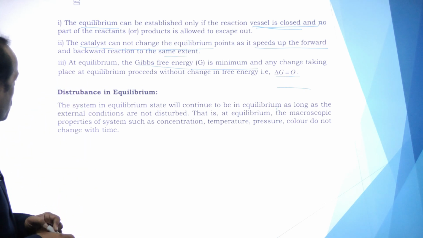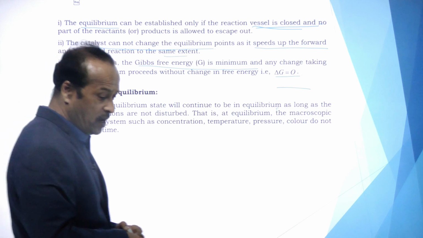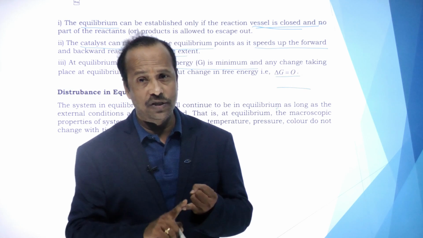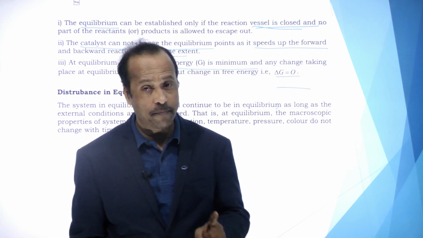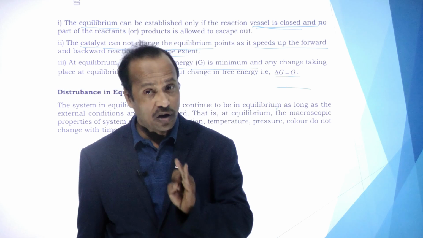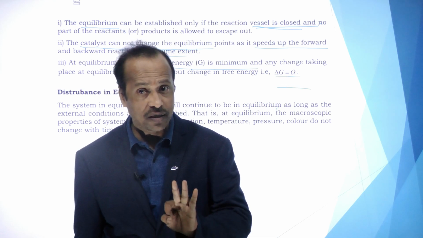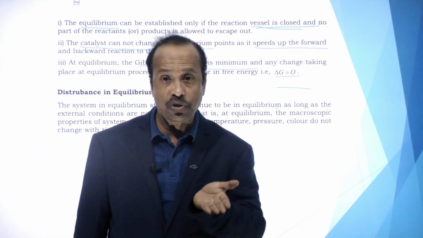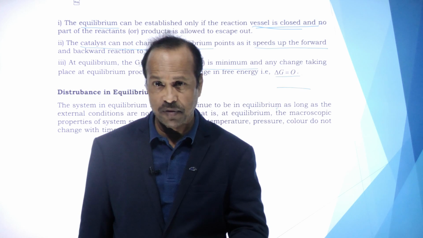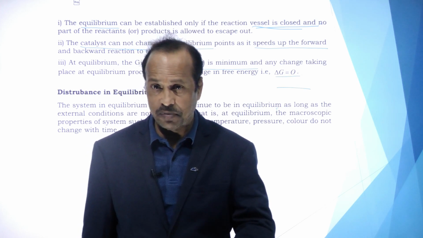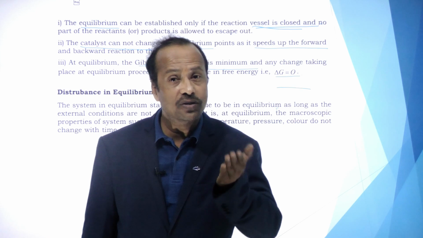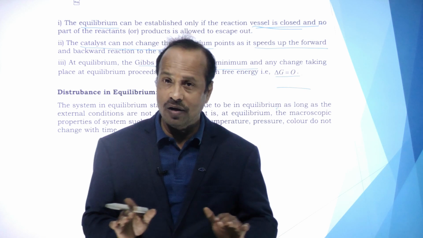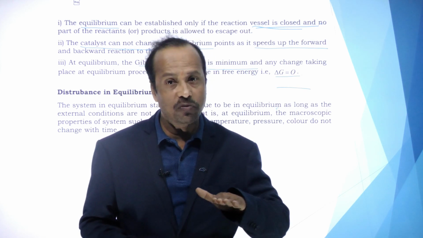Once you go through the conditions, then come to the disturbance in the equilibrium. To maintain the equilibrium, certain conditions should be maintained constant. Means what? Temperature, concentration, pressure should be maintained constant. You should not increase or decrease the temperature, you should not increase or decrease the pressure, you should not increase or decrease the concentration of the reactants. When all are maintained constant, then the equilibrium will also be constant.